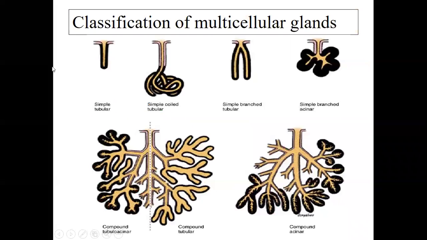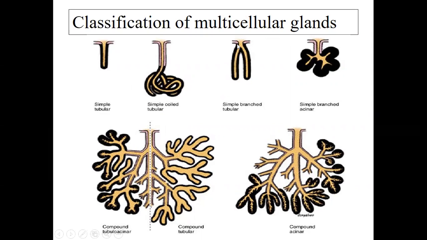This is the classification of multicellular gland. We have the simple tubular. You can see here, simple tubular is in the form of a tubular shape. Simple means it's not branched. Then we have the simple coiled tubular.